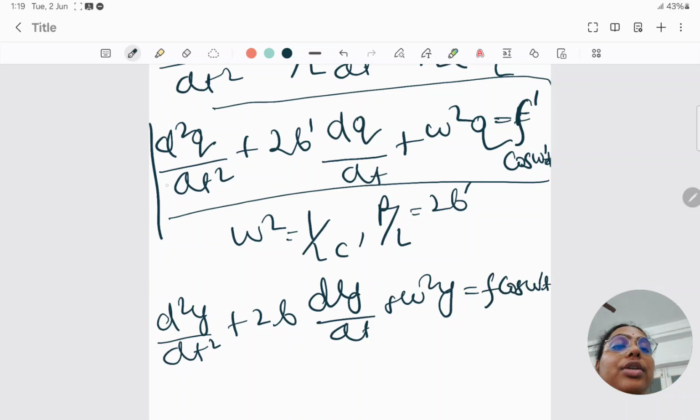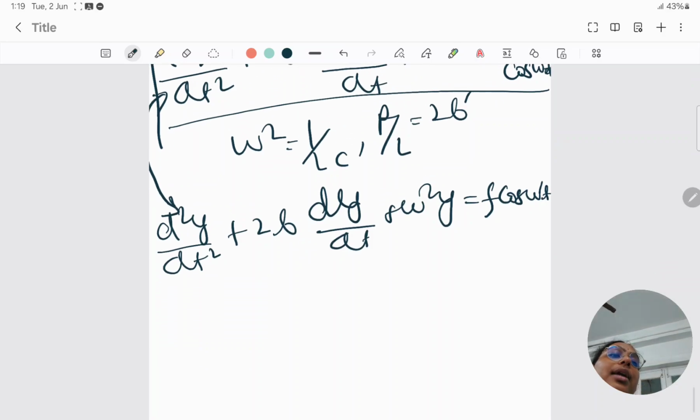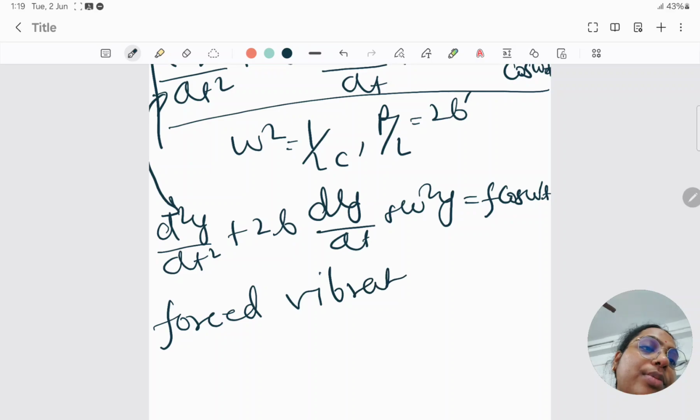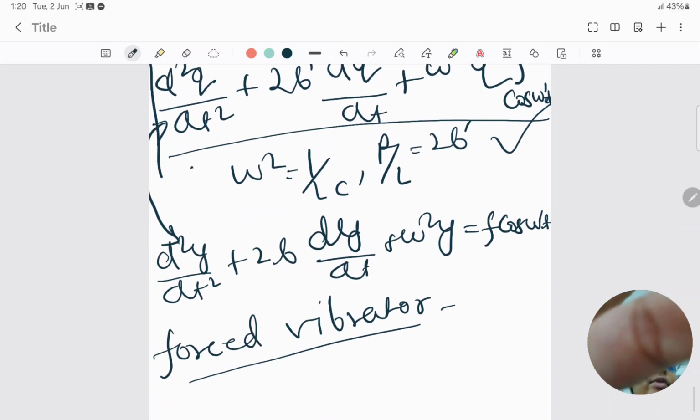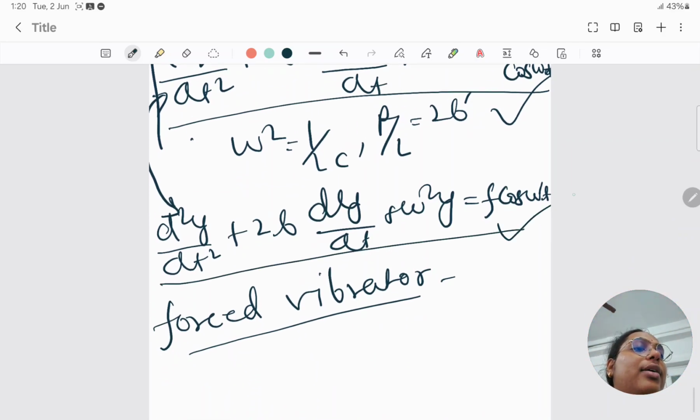So this equation is analogous to this equation. Means LCR circuit with an external AC source will behave like a forced vibrator. And the solution of this differential equation you can derive in the same way as we have done for a mechanical oscillator.